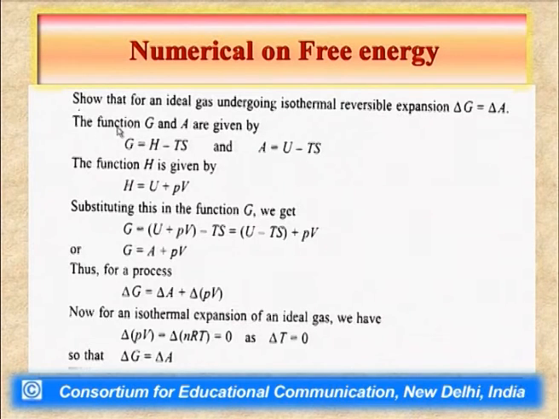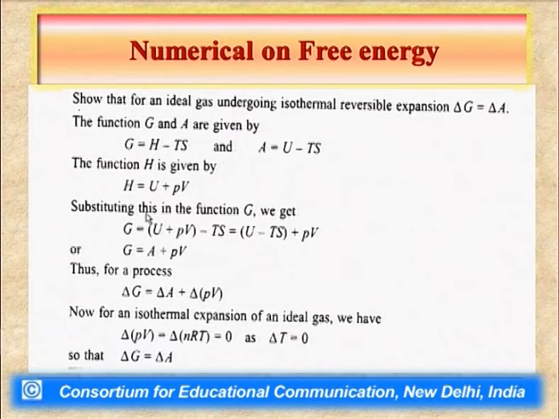The Gibbs free energy function G is equal to H minus TS, and the Helmholtz free energy A is equal to U minus TS. Both these equations are important under different conditions. When temperature and pressure are kept constant, G becomes important to consider, and A becomes important when temperature and volume are kept constant.